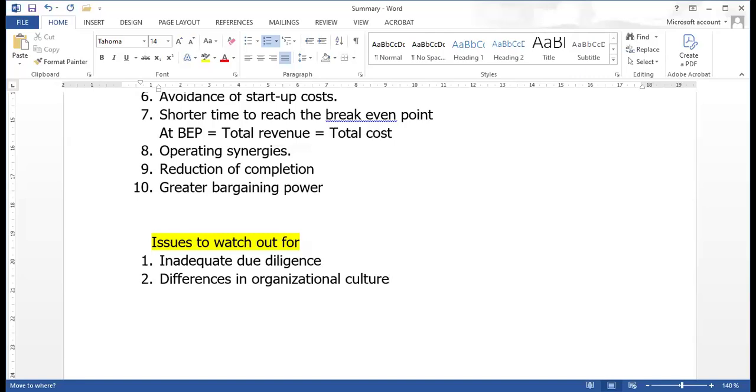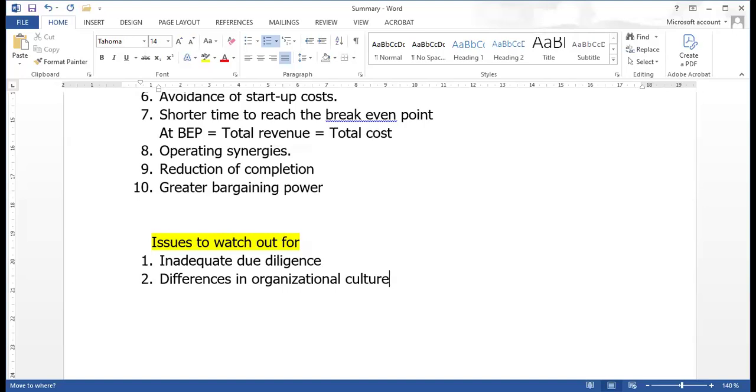If you're to enter the Tanzanian market through acquisition, actually even if you are doing a subsidiary, the organizational culture matters. How we operate, the culture we have in Uganda may be different. So you need to watch out on this. If it is acquisition, you may find that the two firms may have different management styles, employee attitudes, reporting systems, and approach to customer service, how we serve our customers, very different.